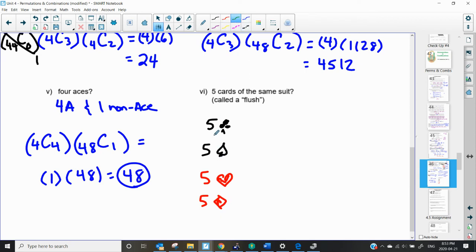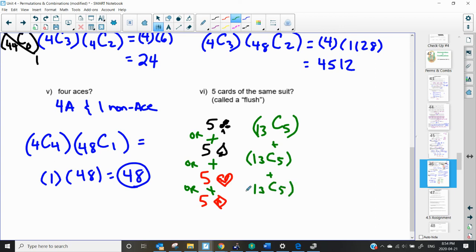And if you remember from math, or means add. So it's 5 spades or 5 clubs or 5 hearts or 5 diamonds. And so how many ways can we have 5 clubs? Well, that's 13 clubs, choose 5, plus 13 clubs, choose 5, plus 13 clubs, choose 5, plus 13 clubs, choose 5.